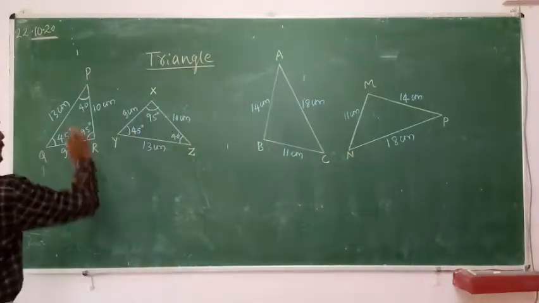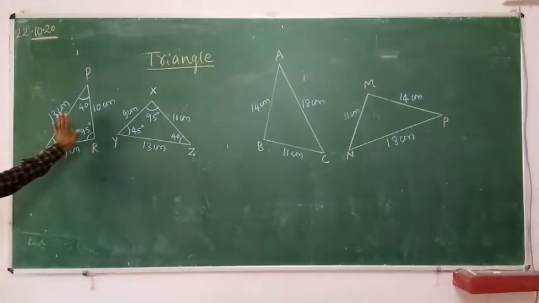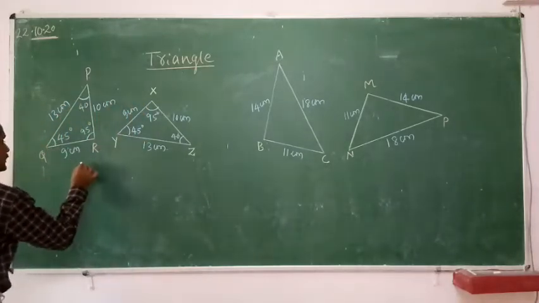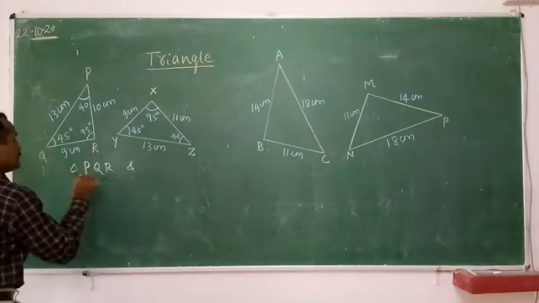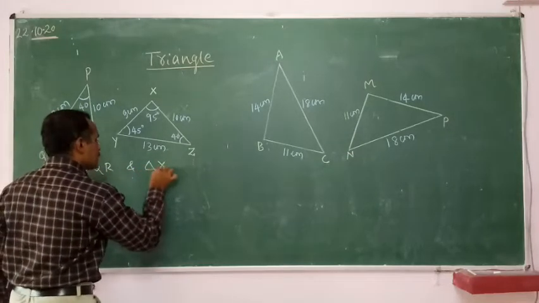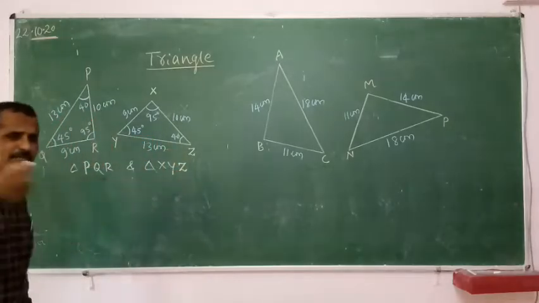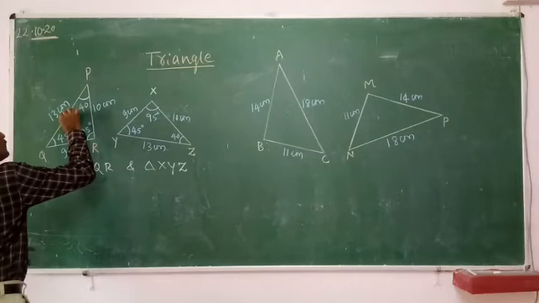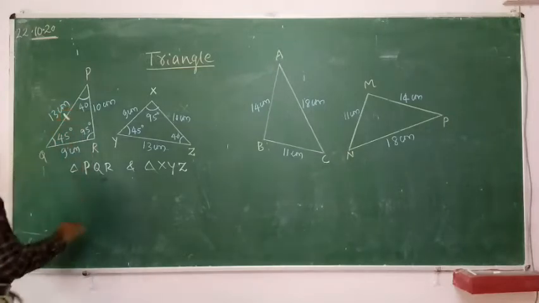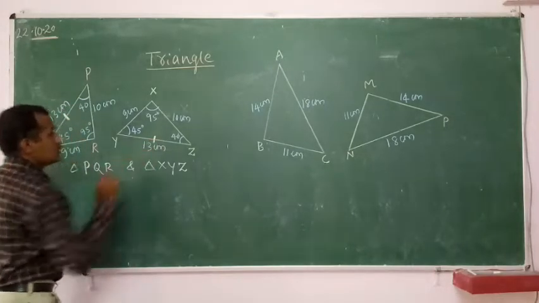Look at this. There are two triangles, PQR and XYZ. Let me see what the given things are. What are equal? From here this is 13 centimeter, from here this is 13 centimeter.